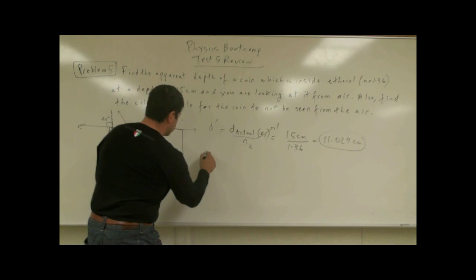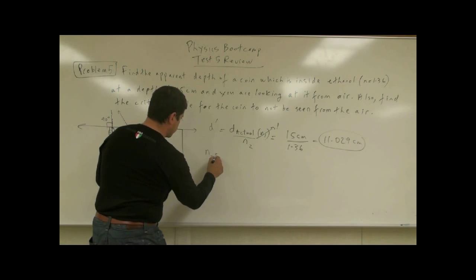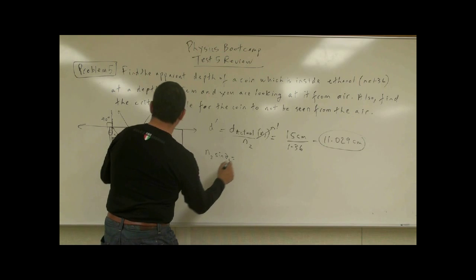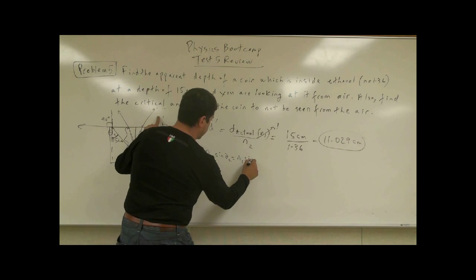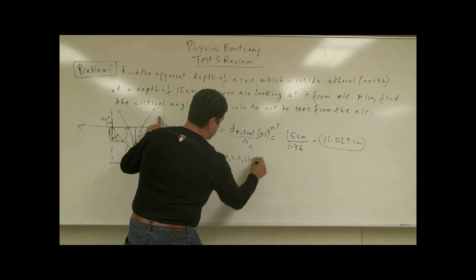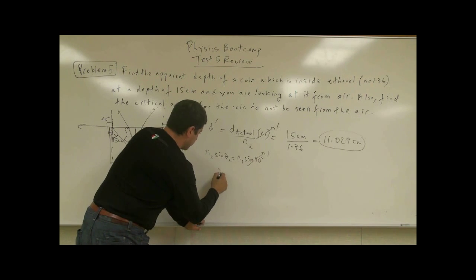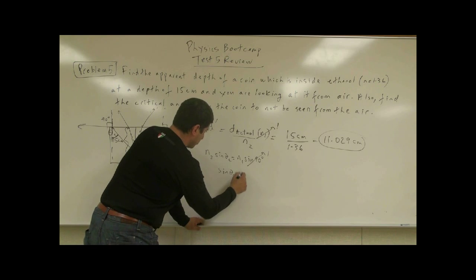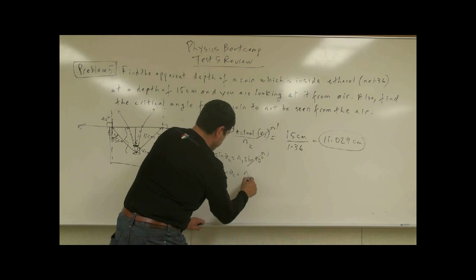We say n2 sine of theta critical is equal to n1 sine of 90, and sine of 90 becomes 1. So in this case, sine of theta critical is equal to n1 over n2.